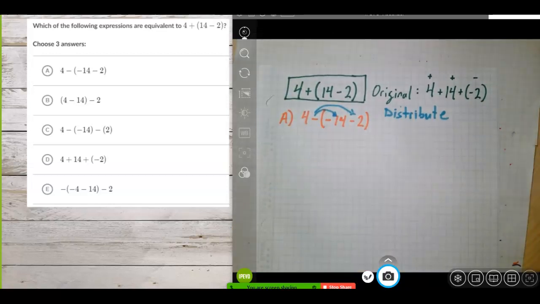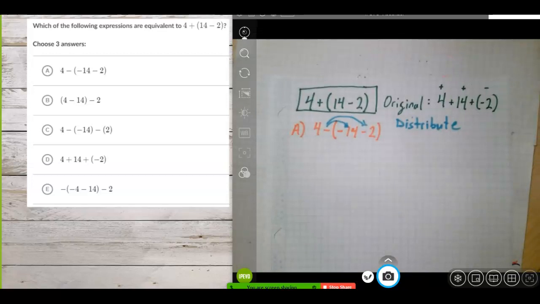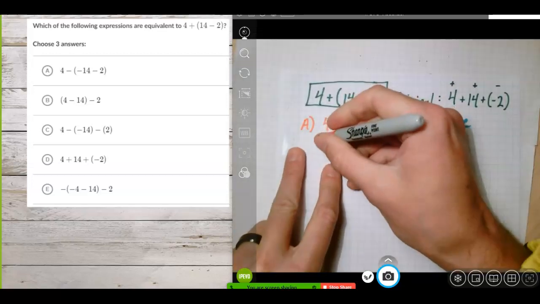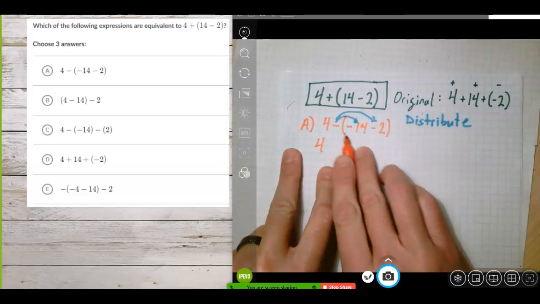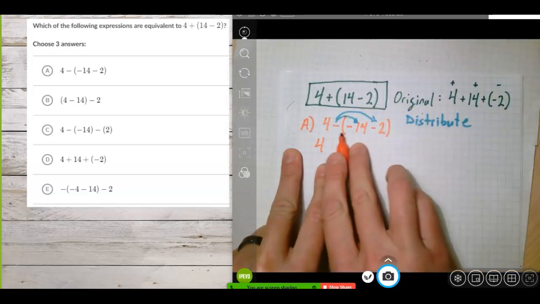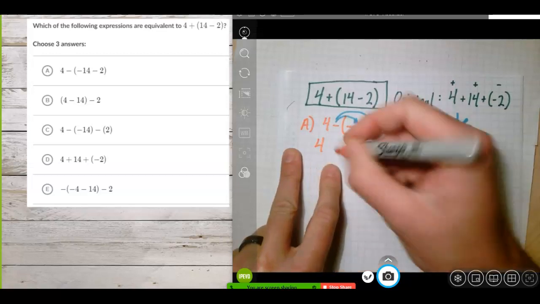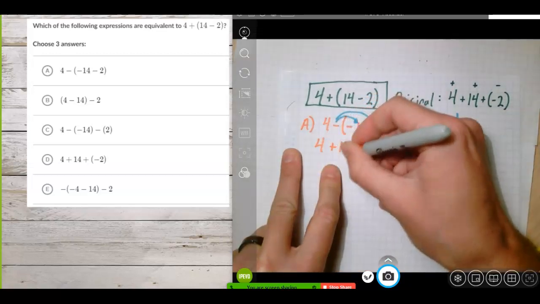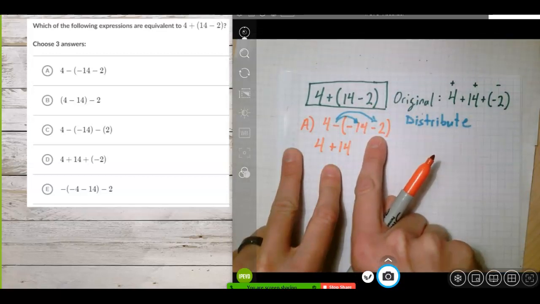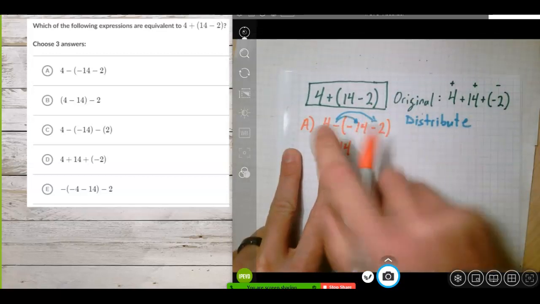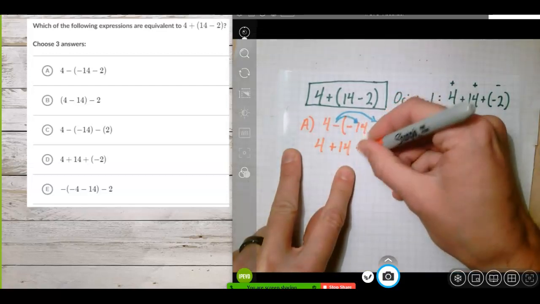When we make those numbers the opposite of what they were, both of them become positive. Nothing happens to this 4 because it was before that negative. But this 14 was negative, is now told to become the opposite, so it becomes a positive 14. This 2 was negative, is told to become the opposite by that negative up front, and becomes positive.